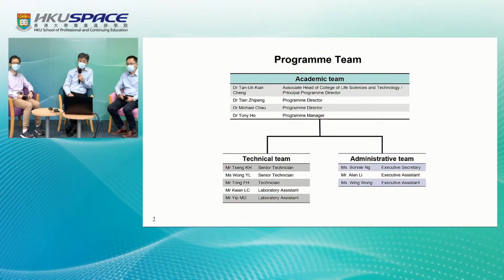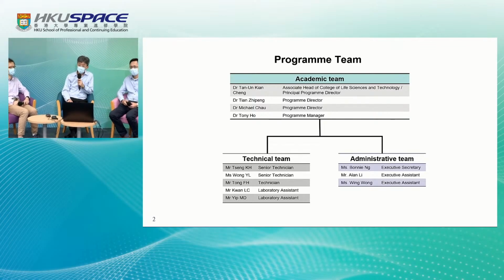Okay. So first of all, we introduce not just ourselves, but also our program team, which involves 4 academic staff: Dr. Tan Yuen Kian, Dr. Tin Jipan, myself, and Dr. Tony Ho. For this academic team, we of course have supporting staff from our administrative team.